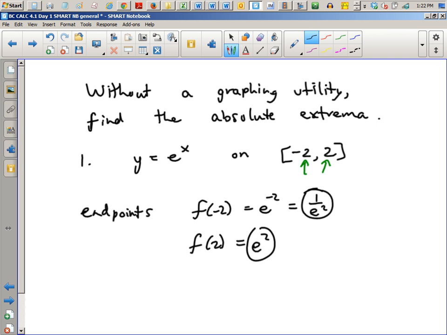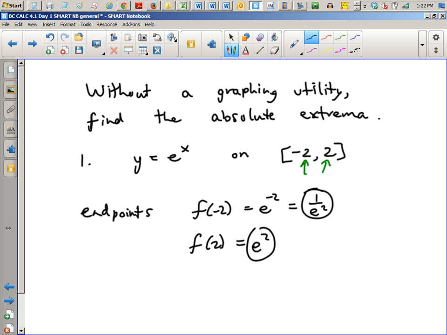As long as e is a number greater than 1, this is the bigger number. You guys agree? And e is like 2.7. So this is really close to 9, and this is really close to like 1/9. So obviously, right now, this one is the only candidate for absolute max, and this one is the only candidate for absolute min. So maybe that's the answer. But we still have to look at the derivative.